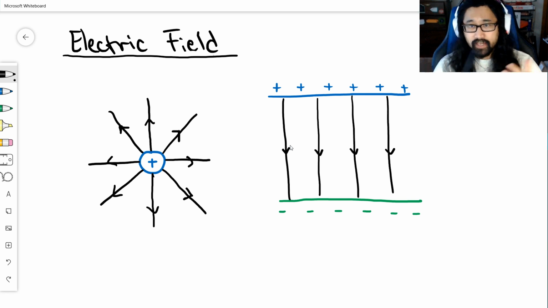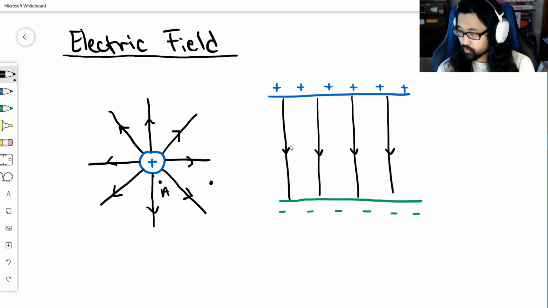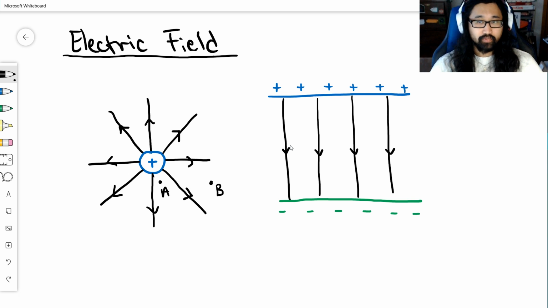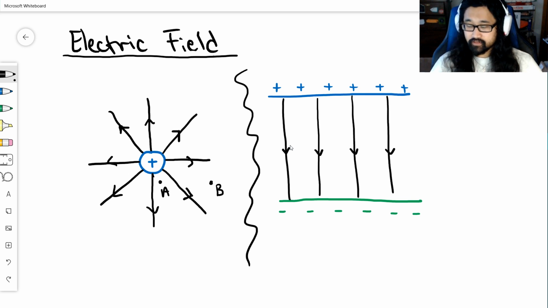Electric field diagrams are straightforward enough. If I were to look at this, and I had point A and point B, and I asked where is the electric field stronger, at point A or at point B? For the example on the left, point A has a stronger electric field because the lines are closer together.